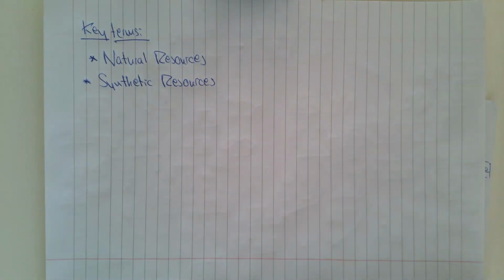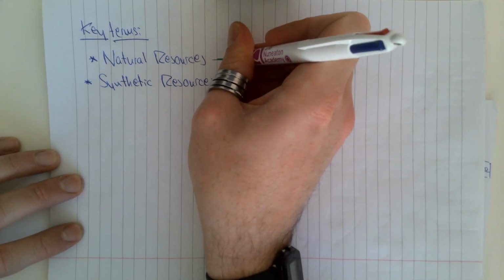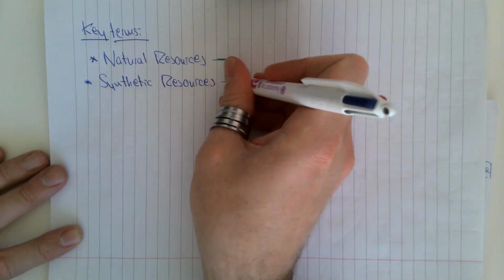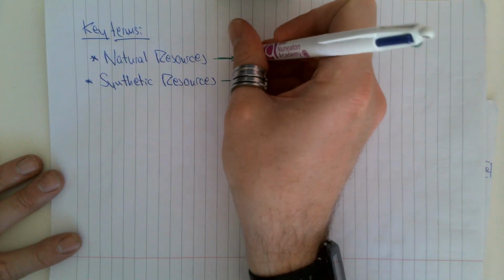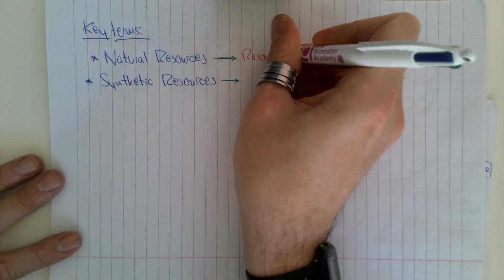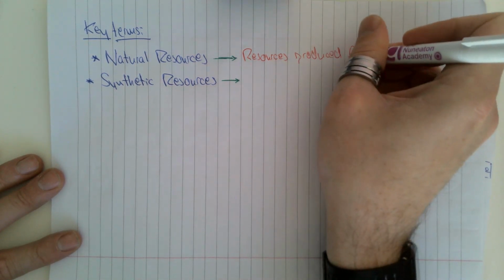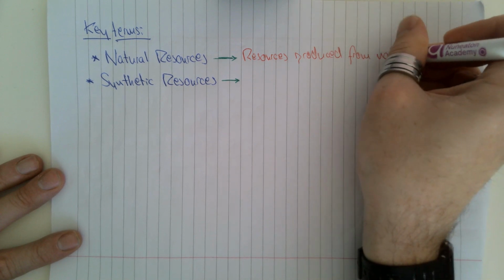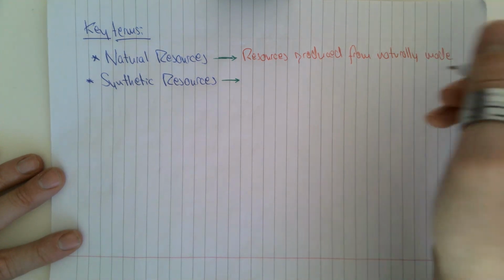Okay. Now, when we're talking about the term natural resources, we are obviously talking about resources that are made or used from natural materials produced on planet Earth. Resources produced from naturally made substances.